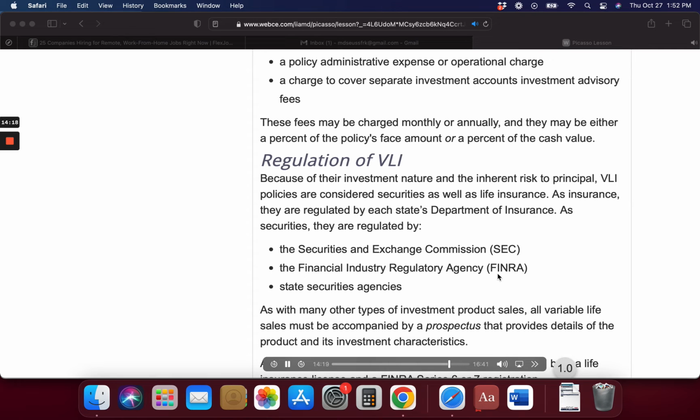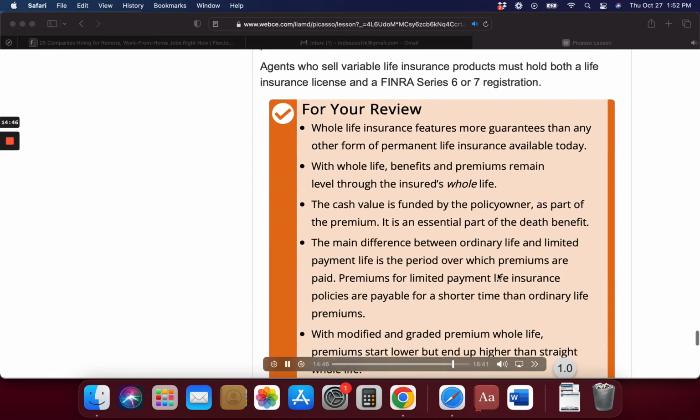Regulation of VLI. Because of their investment nature and the inherent risk to principal, VLI policies are considered securities as well as life insurance. As insurance, they are regulated by each state's Department of Insurance. As securities, they are regulated by the Securities and Exchange Commission, SEC, the Financial Industry Regulatory Authority, FINRA, and state securities agencies.